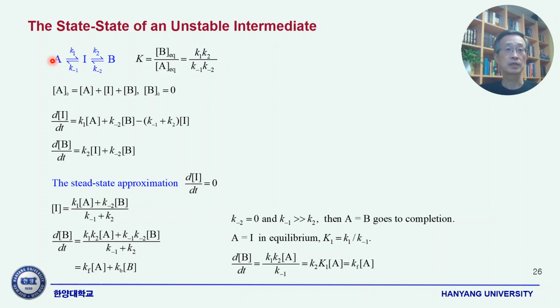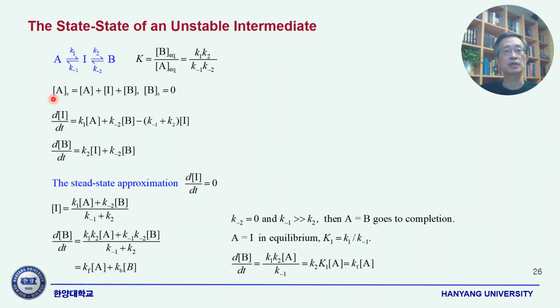Okay, and at equilibrium, because this is a steady state unstable intermediate, K is B over A at equilibrium concentration, and microscopic reversibility tells us that forward over backward, k1 k2 over k minus 1 k minus 2, is the equilibrium constant.